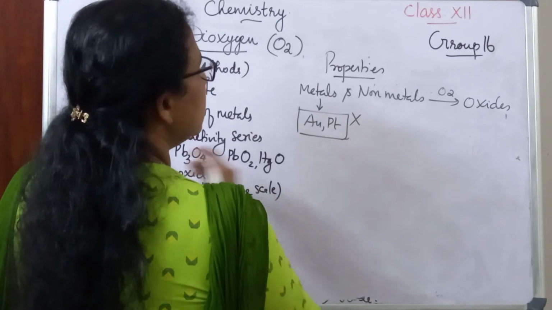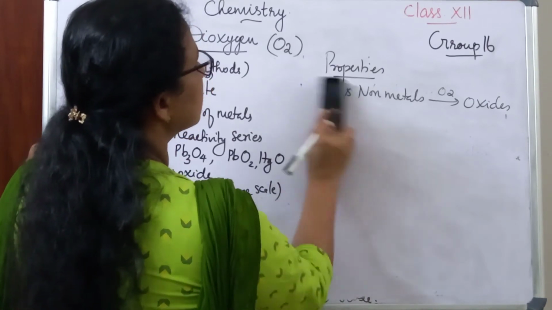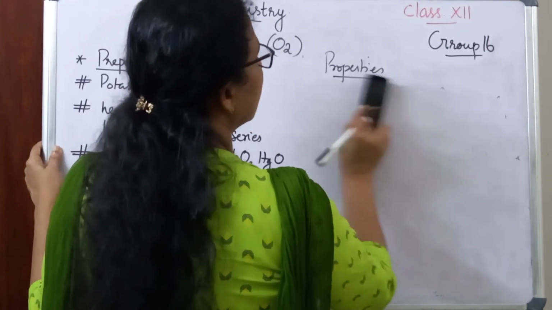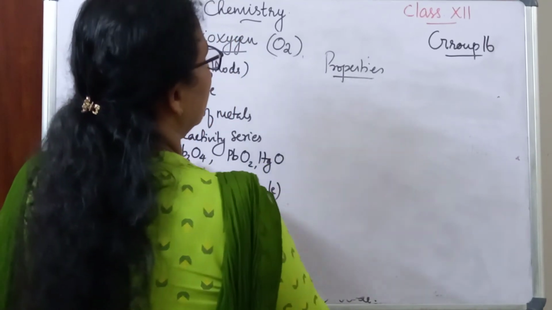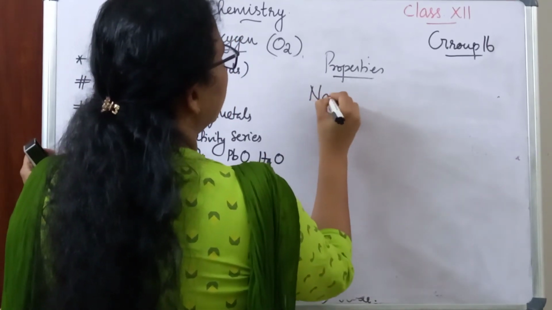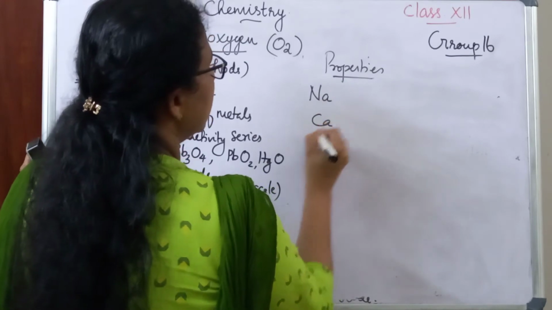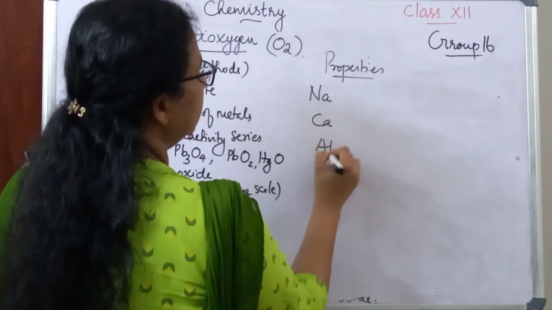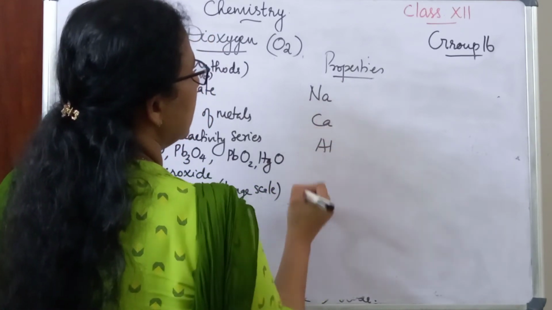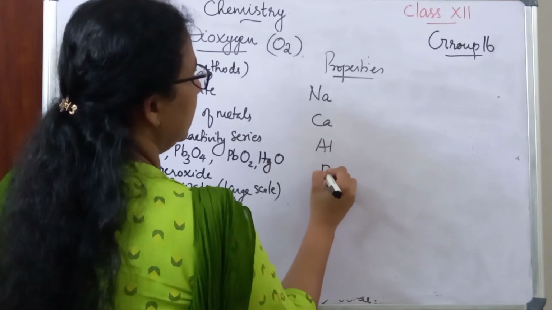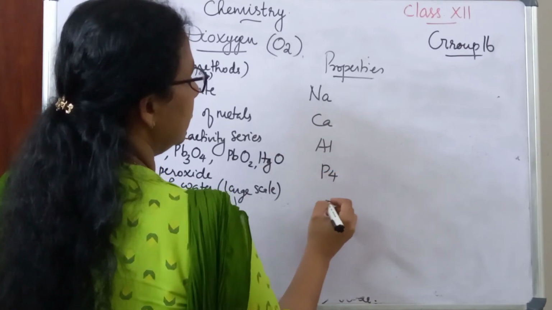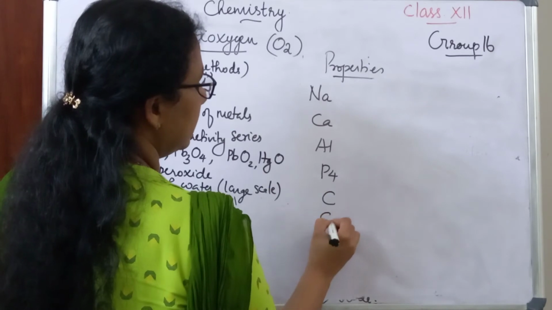Let us see some examples. Sodium, calcium, aluminium are examples of metals. P4, phosphorus, and carbon are non-metals.